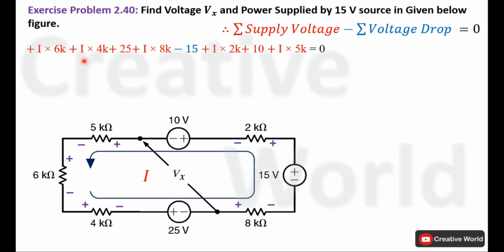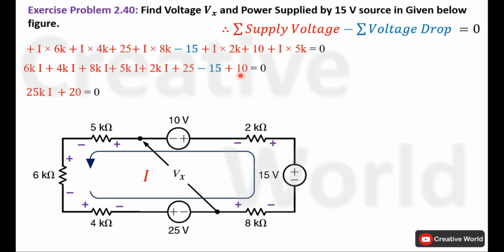Now solve this equation. Take the product of current I and the resistance values. The equation will become 6kI plus 4kI plus 8kI plus 5kI plus 2kI plus 25 minus 15 plus 10 equal to 0. Now add the values that include variable I together and these constants together.